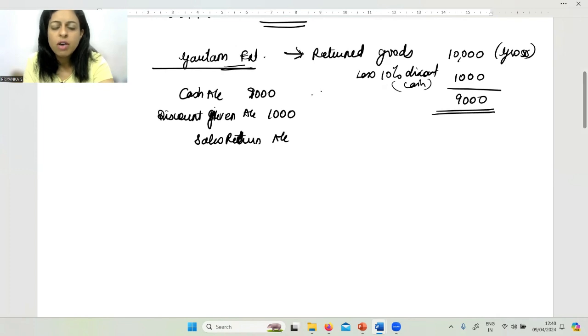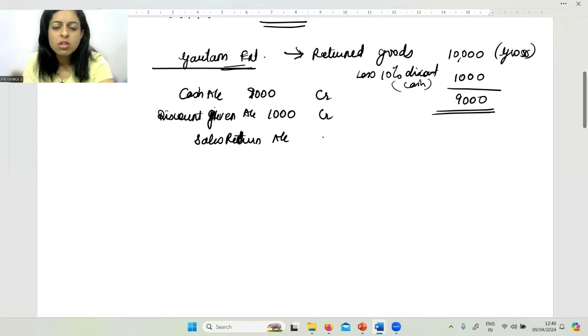Cash account, are we receiving cash or giving cash? Giving. Cash is going out from the business, so it will be credit. Discount given account, I'm giving discount earlier, which is now to be reversed. When I gave discount earlier, it was debited, so now I have to credit because I'm getting back this amount.